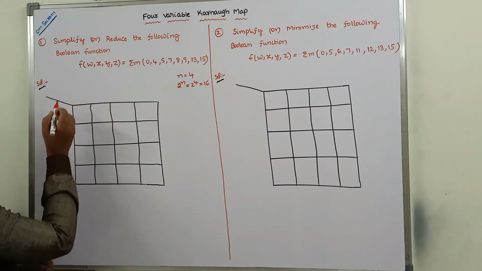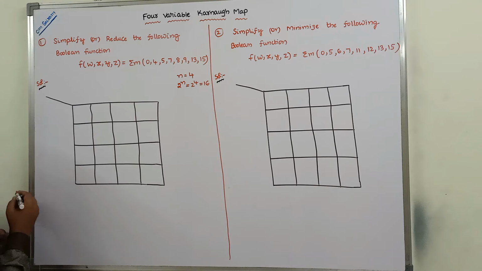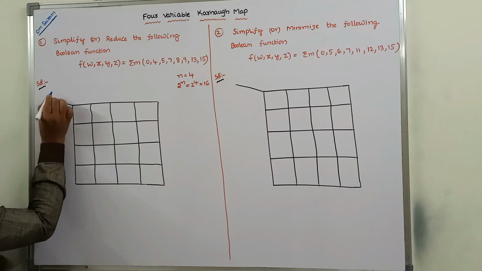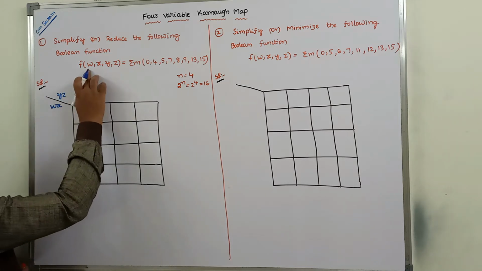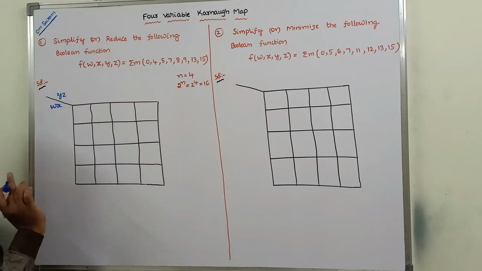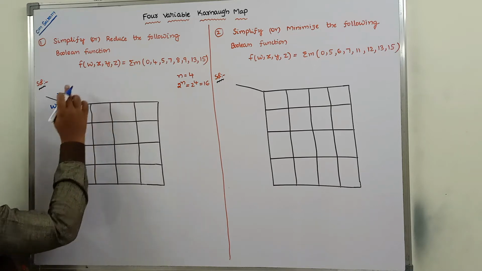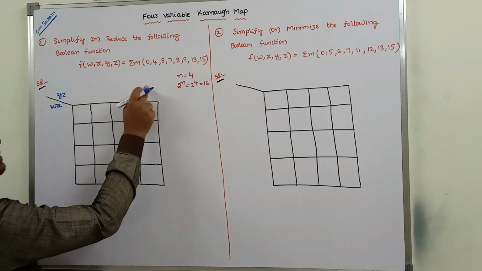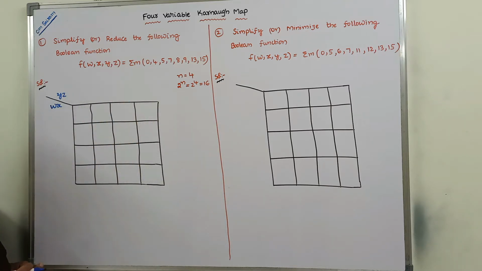The 4 variables can be written as wx row wise and yz column wise. The first 2 variables are written row wise and the next 2 variables column wise.